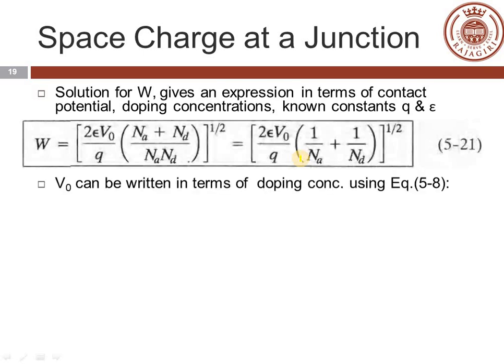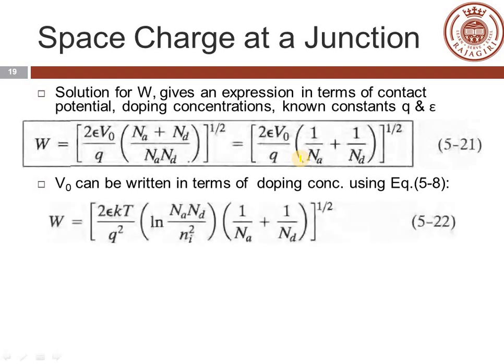Then V0 can be written in terms of doping concentration using equation 5.8, as V0 = kT/q ln(Na Nd/ni squared). If you substitute that, we get W = [(2 epsilon kT/q squared) ln(Na Nd/ni squared) (1/Na + 1/Nd)] raised to 1/2.